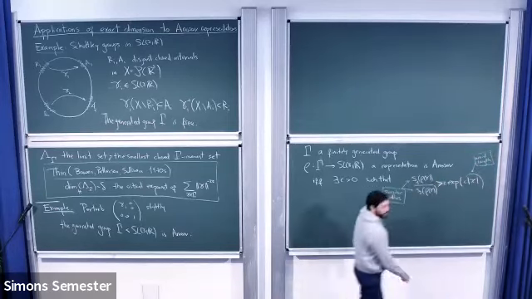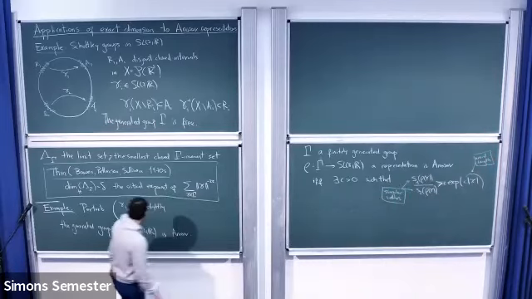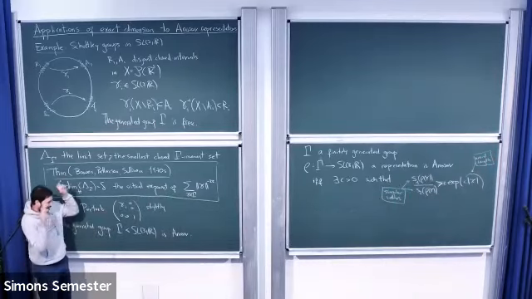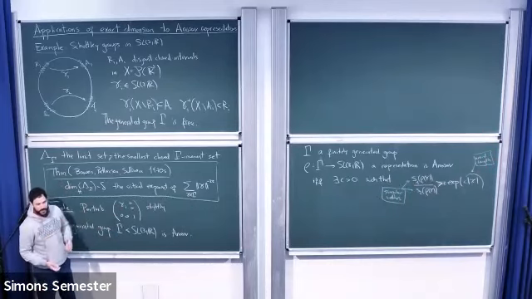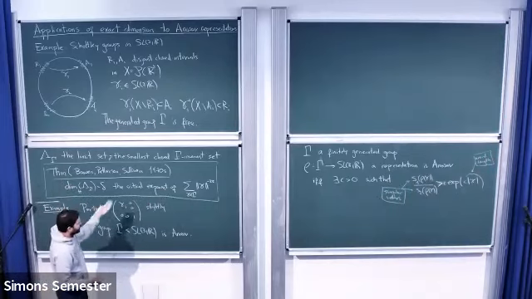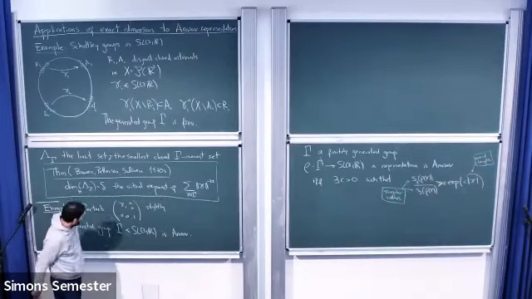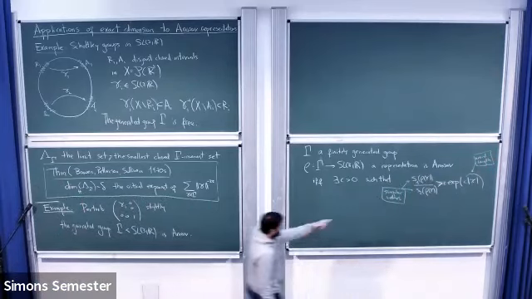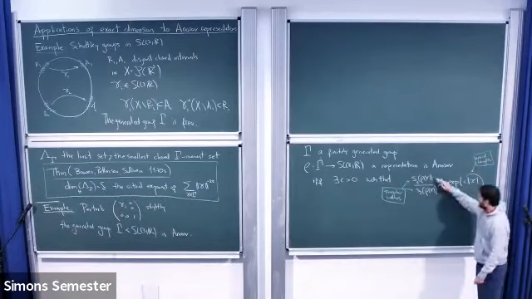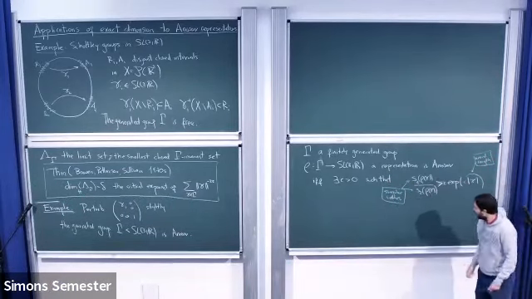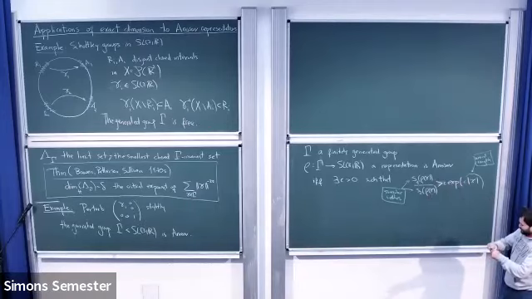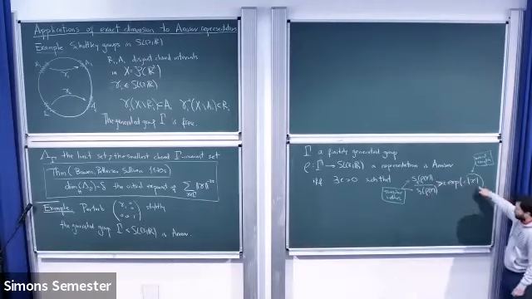So in the example, I'm claiming that if I construct this by perturbing slightly, then if I take a long word in gamma 1, gamma 2, and cancel out all the obvious things, so anytime gamma 1 is followed by its inverse, I cancel, then the number of elements in the reduced word is the word length. The biggest singular value is just the norm of the matrix, and the second one, I'll give you a picture now. It's saying they're exponentially separated if the word is very long.